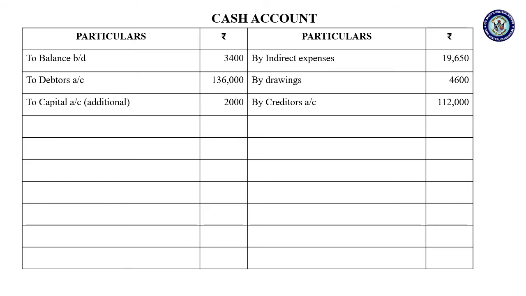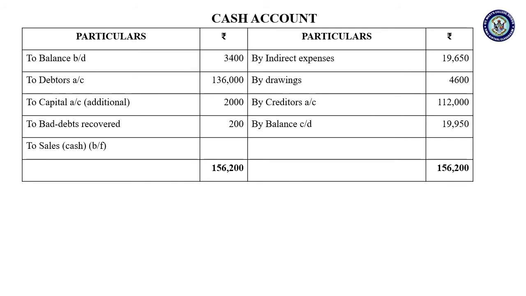Then cash paid to creditors, so by creditors. Bad debt recovered, the last adjustment number 3, so 200. Then we had a closing balance. The balancing figure will be sales, that is cash sale, because your credit is more. Total 1,56,200, and the difference will be 14,600. So this is your cash account.